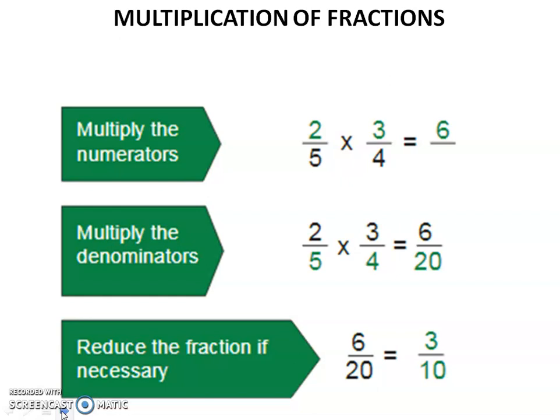Now third step, reduce the fraction if necessary. You should write the answer in its simplest form. Here you can see 6 and 20 will go in multiplication table of 2. 6 divided by 2 is 3. 20 divided by 2 is 10. So your final answer is 3 by 10.